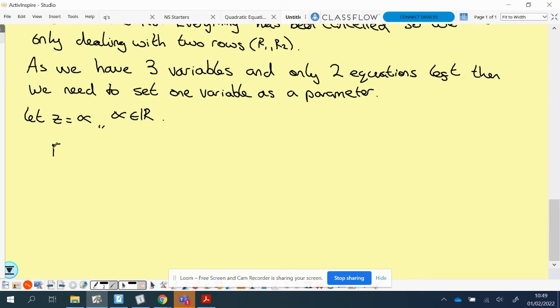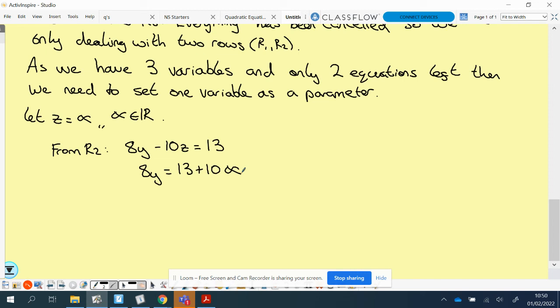is now go from row 2, we can now get a condition on what the y would be. Okay, so row 2 is telling us that 8y minus 10z equals 13. Okay, well, if I rearrange that and I substitute alpha in for z, I'm going to get 13 plus 10 lots of alpha.